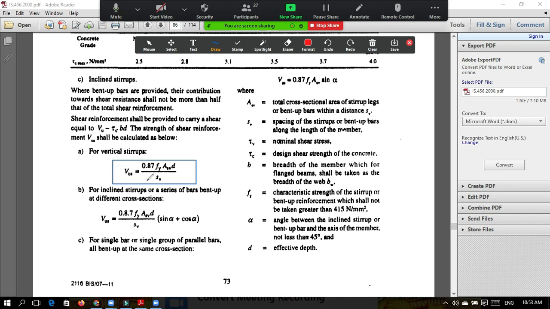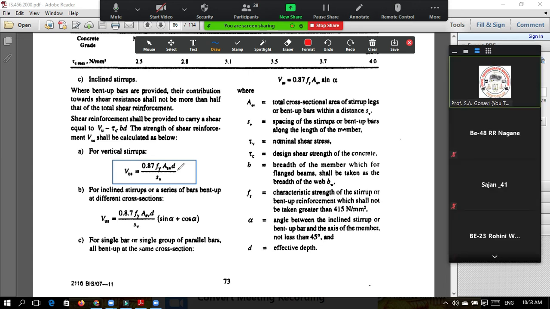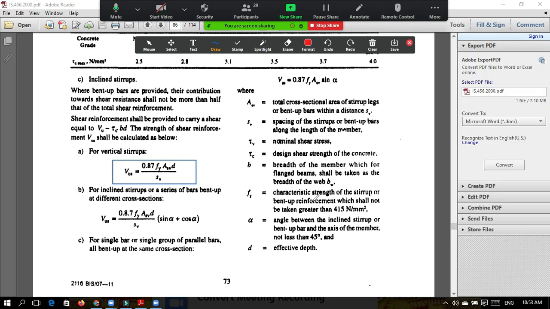I will read it for you. Vus means unbalanced shear. Vus is equal to 0.87 fy Asv d divided by Sv. The meaning of each term is given over here. Asv is the total cross-sectional area of stirrups.